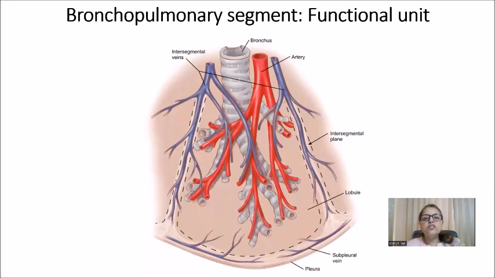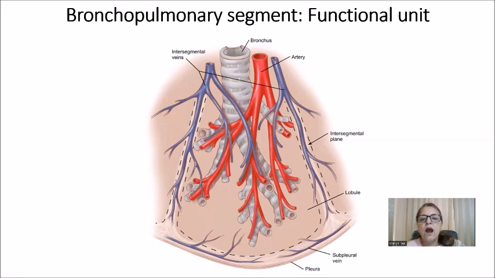Each bronchopulmonary segment, which is a structural as well as functional unit of each lung, is pyramidal in shape, with an apex directed towards the hilum and the base towards the periphery.